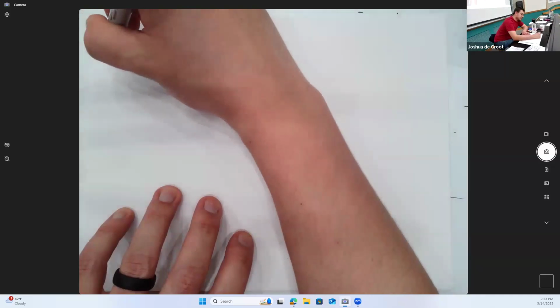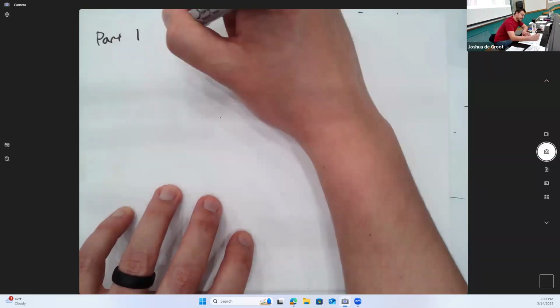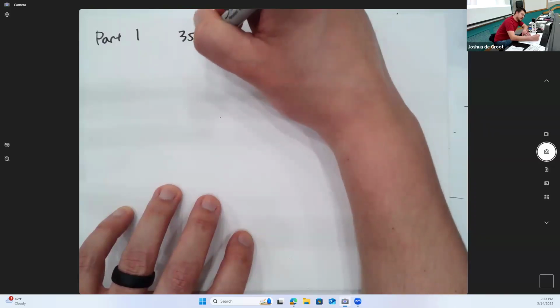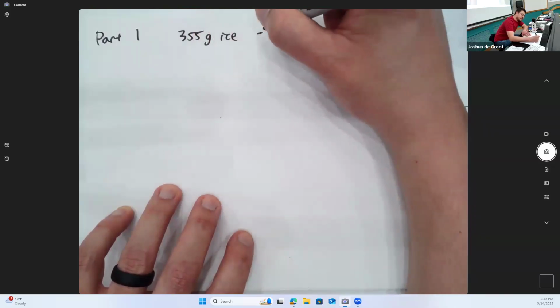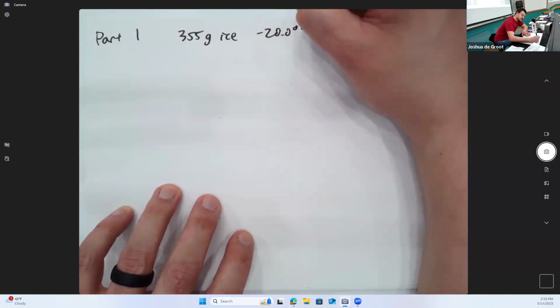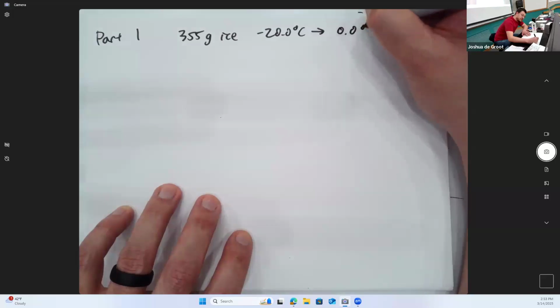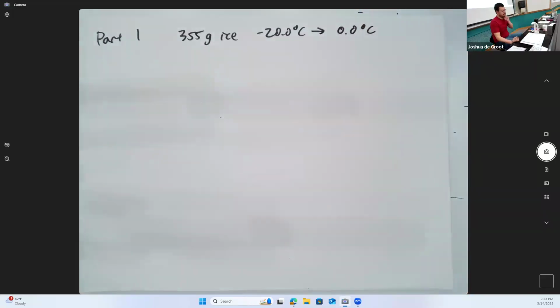So part one, we're going to take 355 grams of ice from negative 20.0 degrees Celsius. And we have to take that to the freezing point of water, or the melting point.